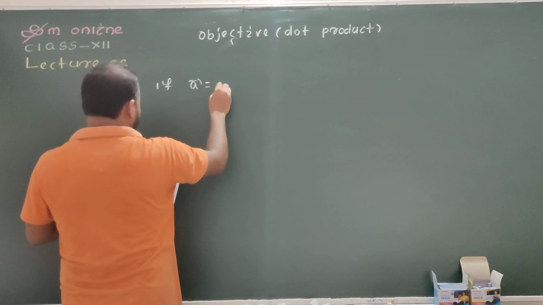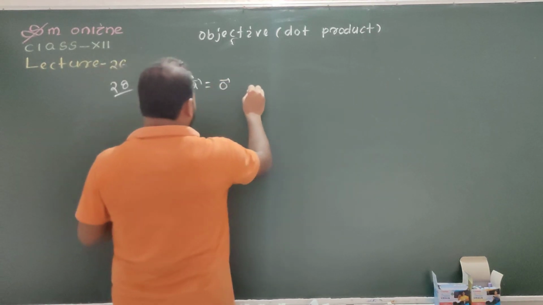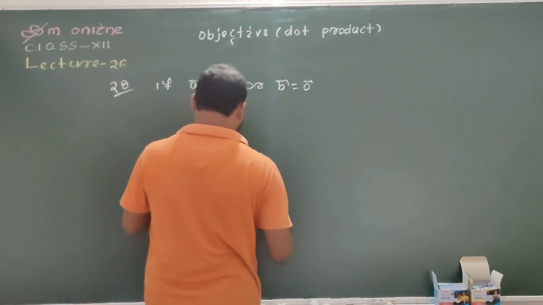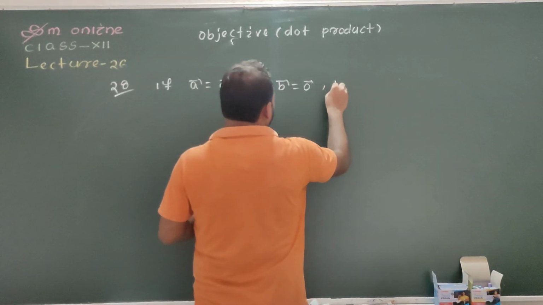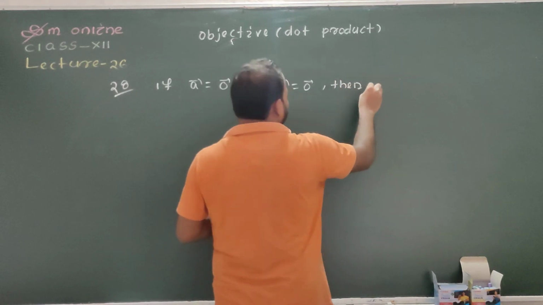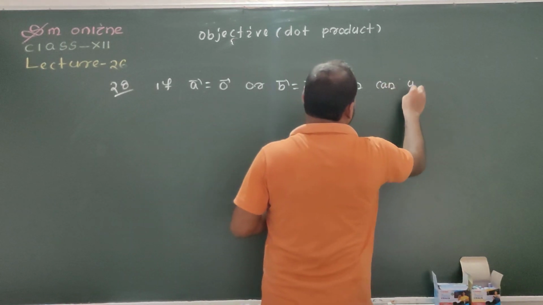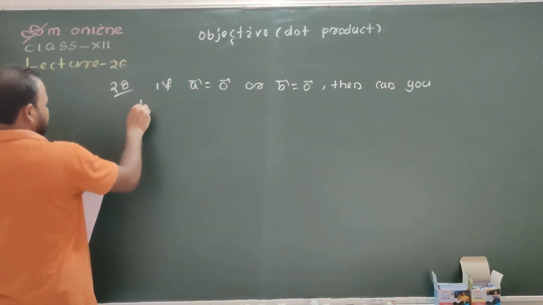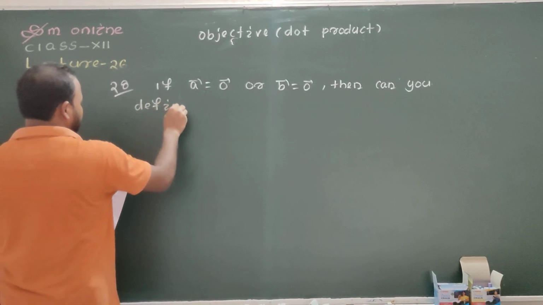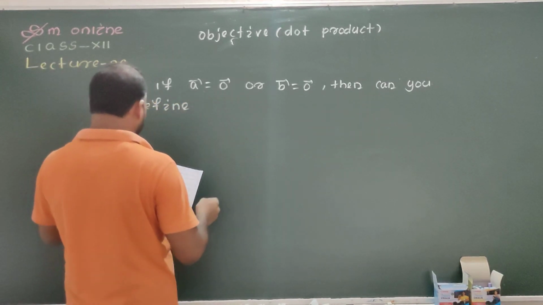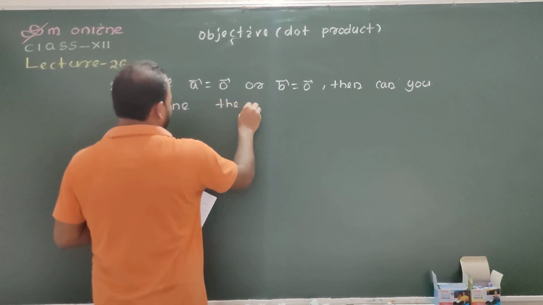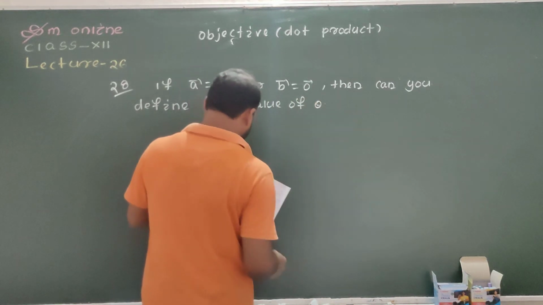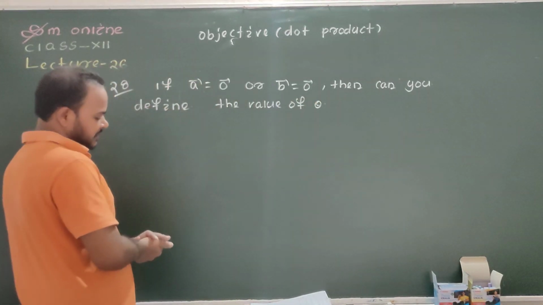If vector A equals 0 vector or vector B equals 0 vector, then can you define the value of theta? That is a very interesting question.